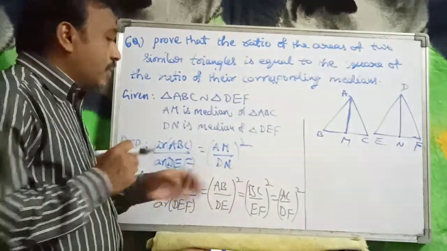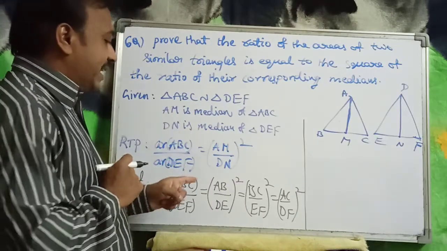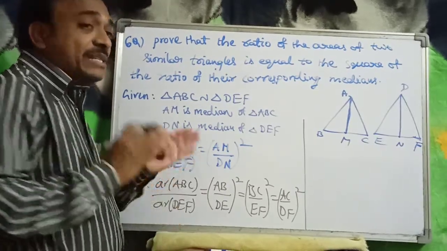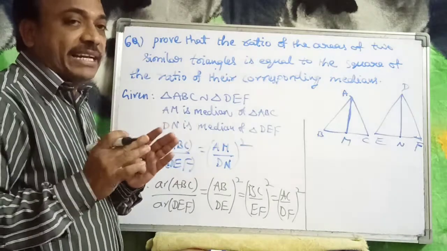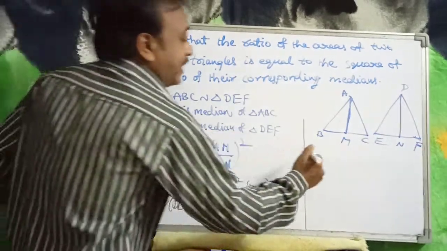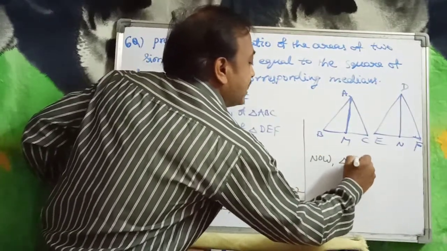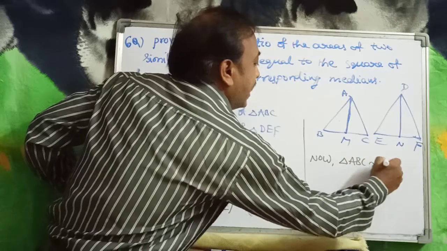Proof. So now you see, if triangle ABC is similar to triangle DEF, observe it. Their corresponding sides will be in proportion, because triangle ABC is similar to DEF.